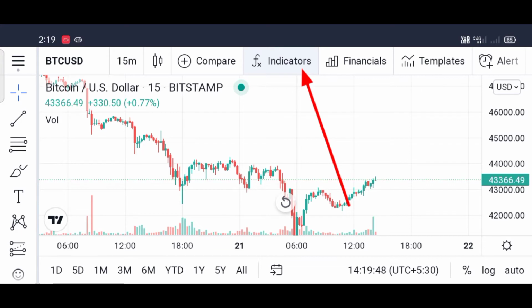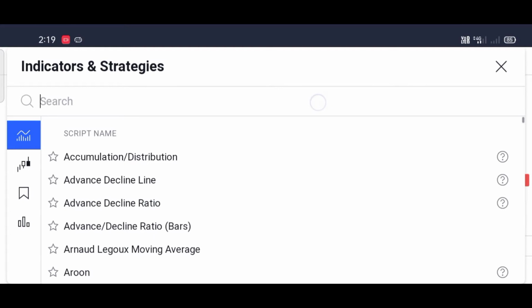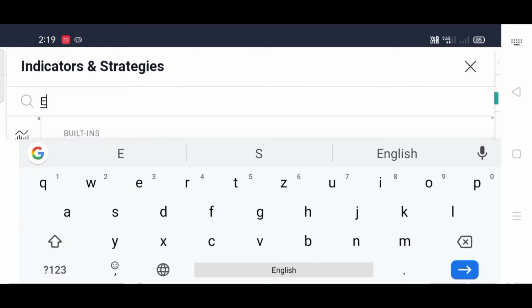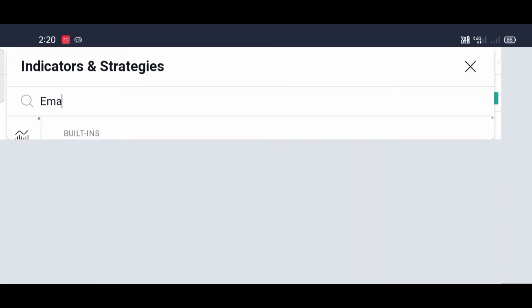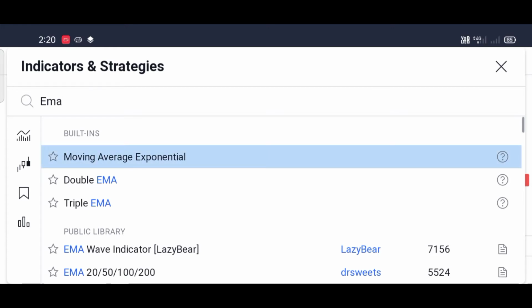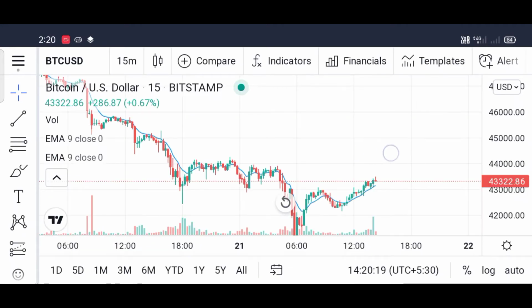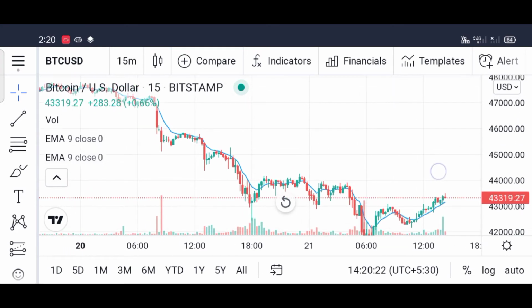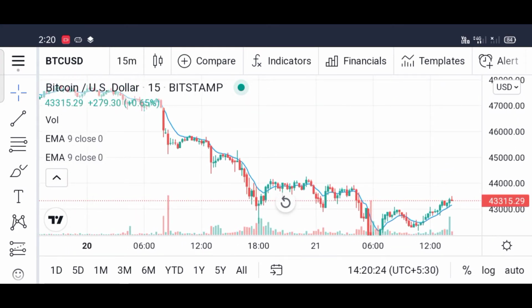Go to indicators, search for EMA, click on moving average exponential 2 times. Now go back. Now go to first EMA.